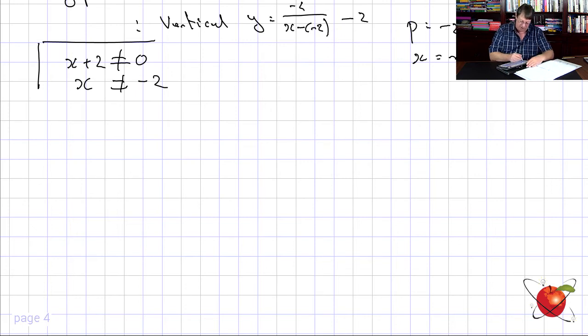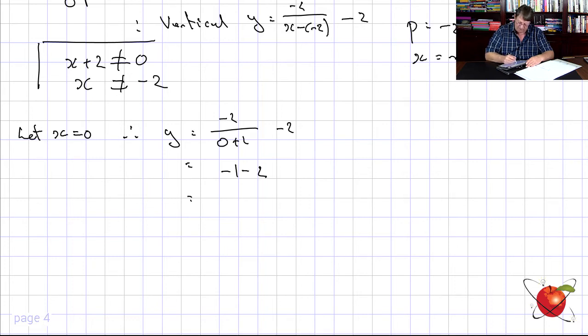Okay, let's continue. We say, let x equal 0. Therefore, you get y equals minus 2 over 0 plus 2 minus 2, which gives us minus 1 minus 2. Okay, which is going to be equal to minus 3. Write your coordinates down. 0, minus 3. There's another point to plot.